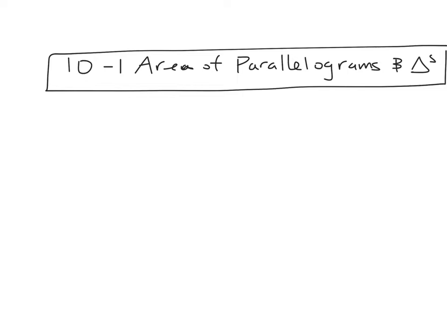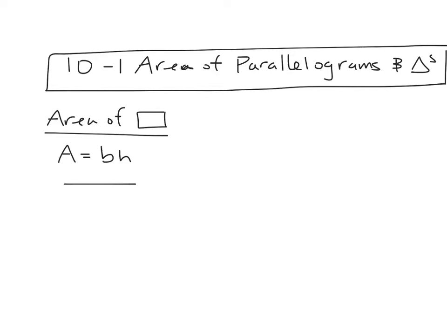So the first thing we're going to do is just write out these formulas. So first one, area of a rectangle is A equals B times H when my rectangle looks like this.